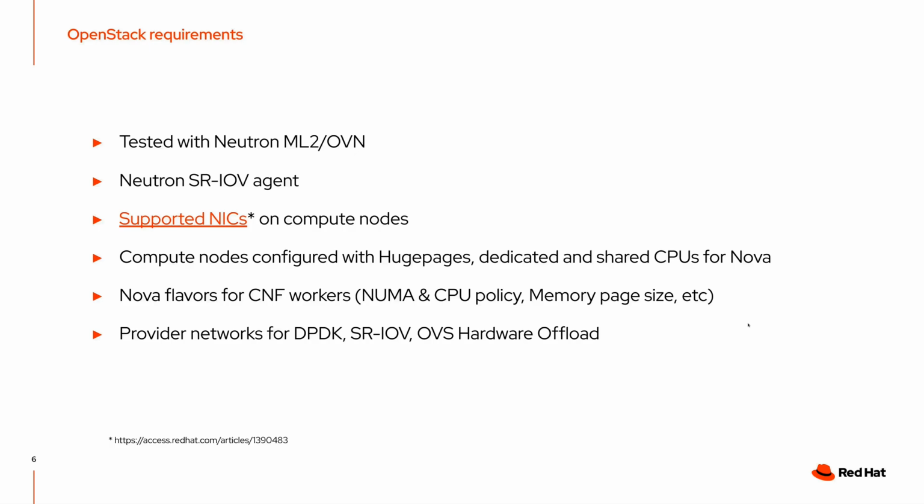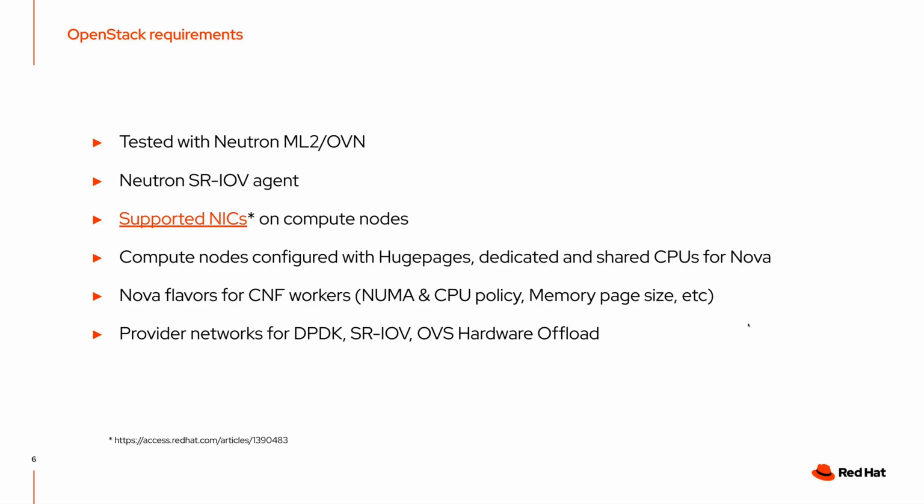The compute nodes have to be configured with the huge pages and the CPUs that will be used for Nova, either dedicated or shared CPUs. The Nova flavors have to be created for the CNF workers, and we will see that later in the demo.